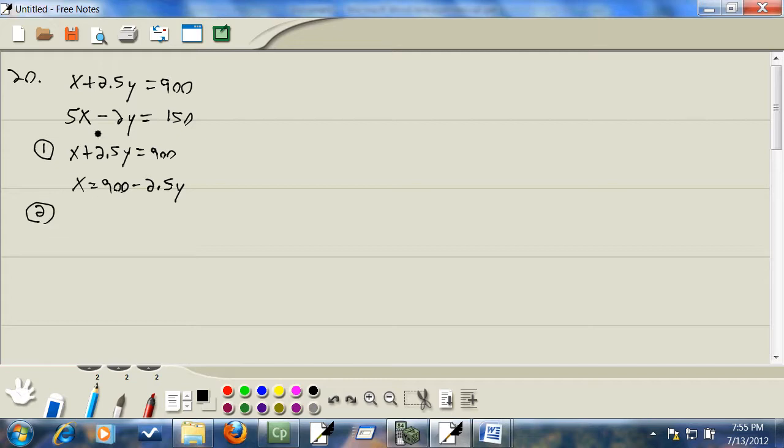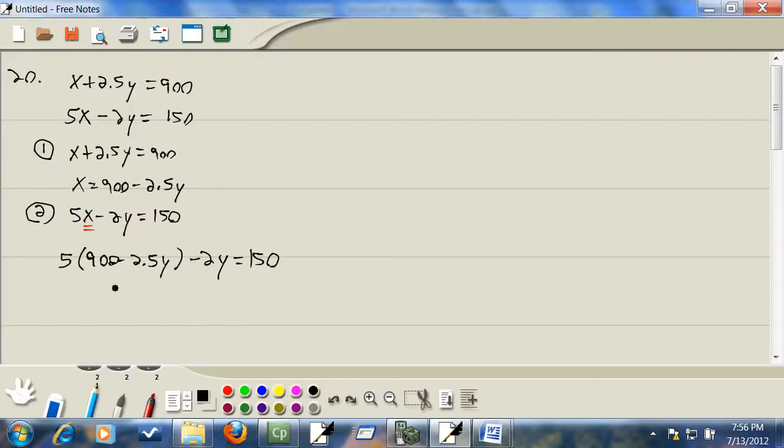Now step 2, plug this into your other equation. So our 5x minus 2y is equal to 150. Now we just said x is equal to all of this, so we're going to replace the x in our second equation with that. So we're going to have 5 times (900 minus 2.5y) minus 2y equals 150.